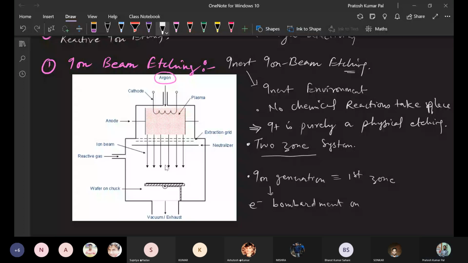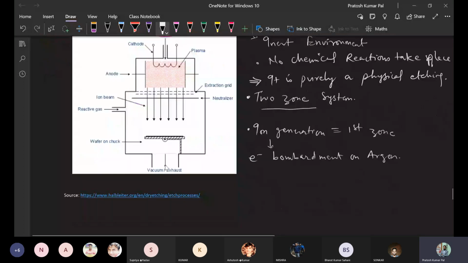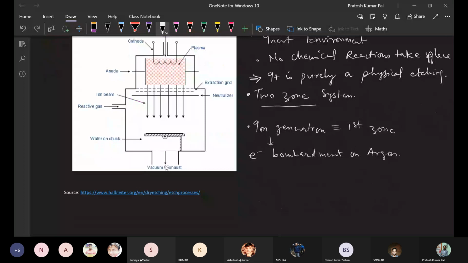These generated ions are going to be accelerated by using plates, and these accelerated ions will be exposed to the semiconductor surface, or the substrate, and that will be etching the selected region.